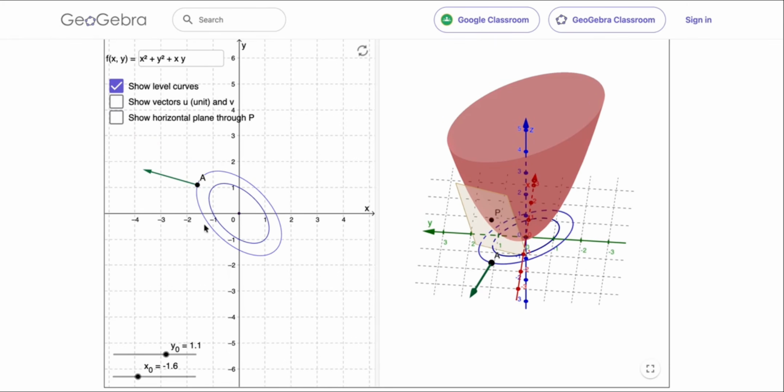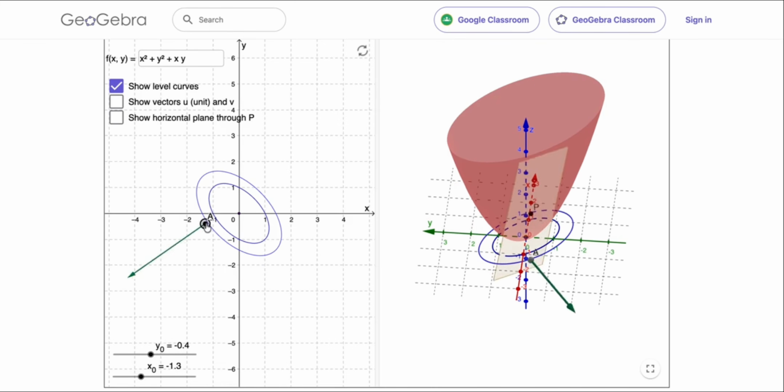Well, these lines represent the level curves for our function. They represent the set of all points where the height of the function is equal to some value. That comes straight from contour plots. These are called level curves, by the way. All right.